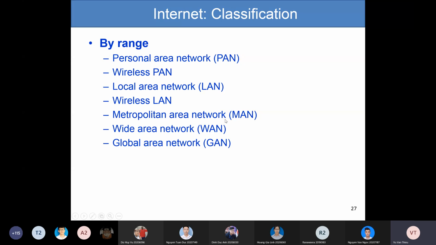MAN is similar to WAN, but it is specifically for some organization or company. For example, the computer networks of the police in Hanoi. That is a MAN. About the range of use, I think MAN is similar to WAN.